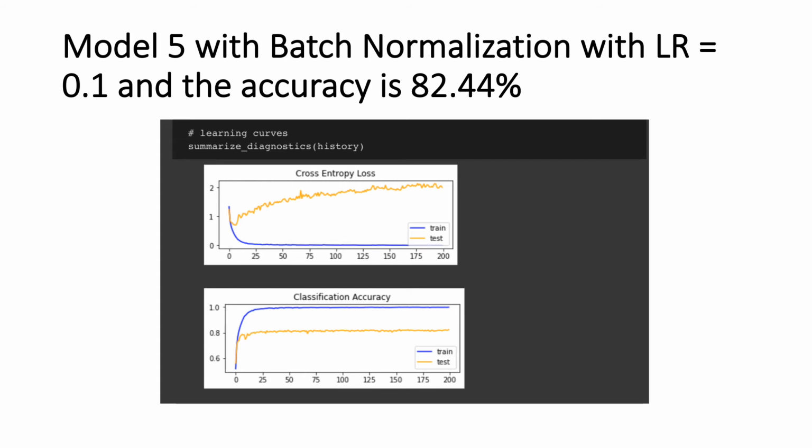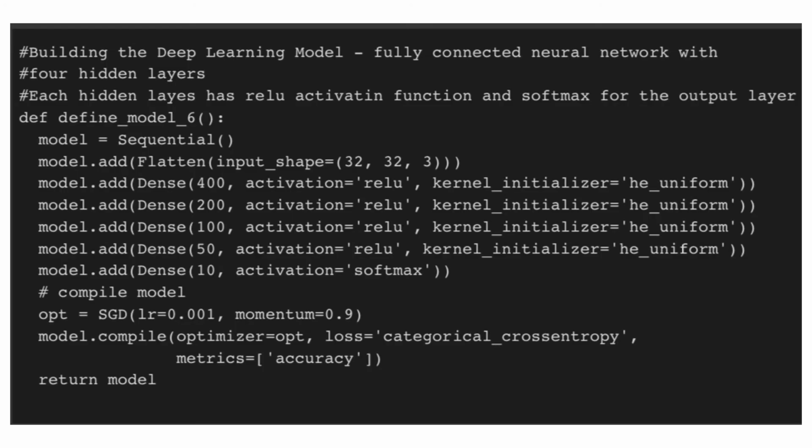After I demonstrate the VGG architecture, I want to show you the fully connected neural network with 4 hidden layers. The first hidden layer is 400, and then 200, 150, and then the output is 10.